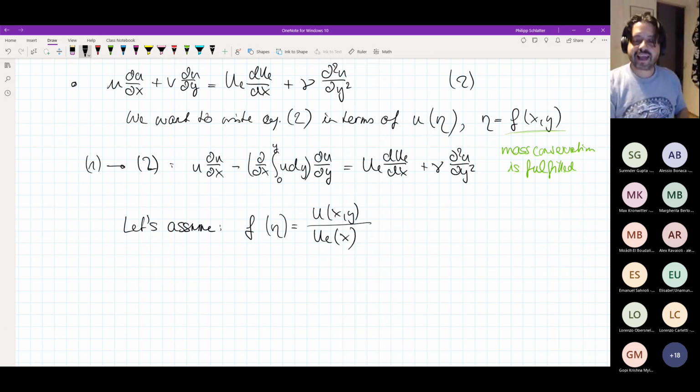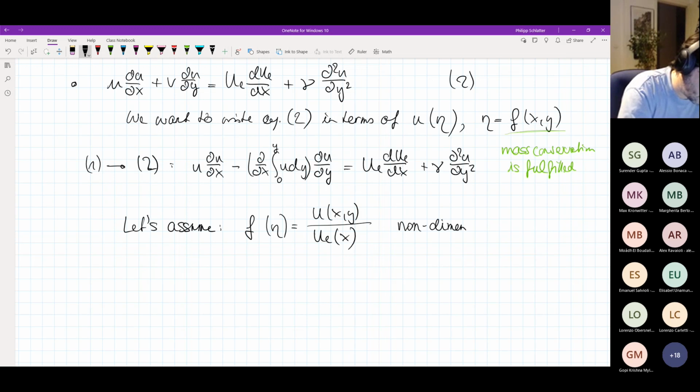So it would be a scaling of the streamwise velocity, or in some way a non-dimensional velocity.